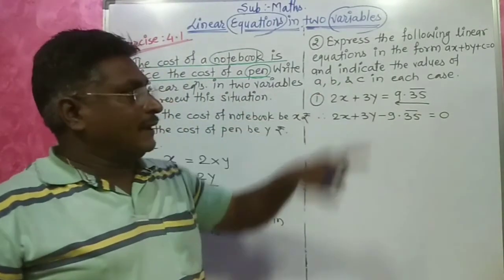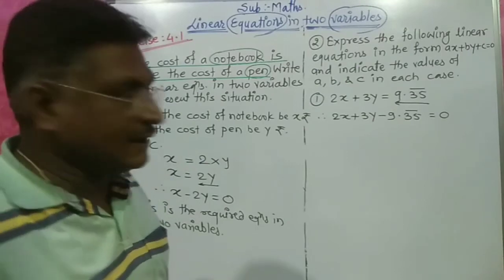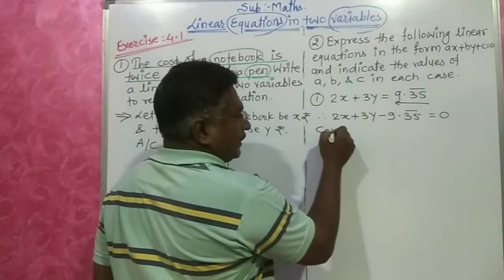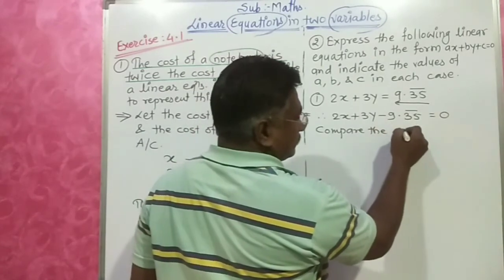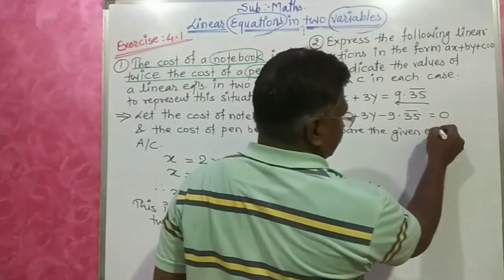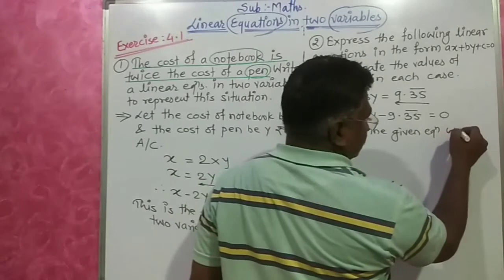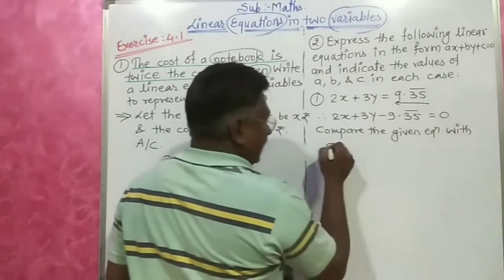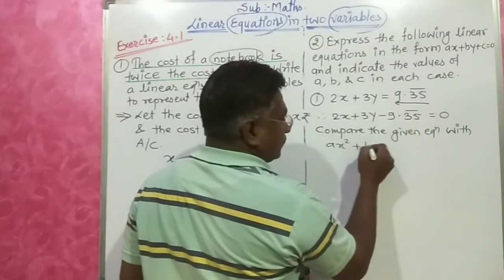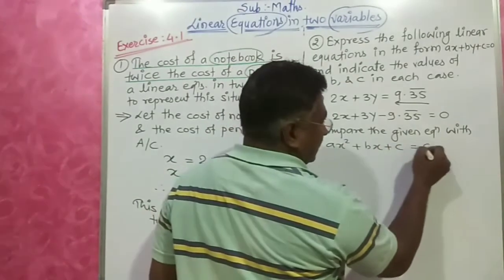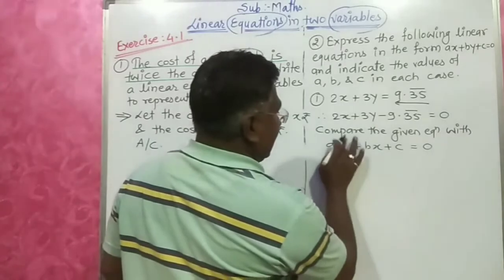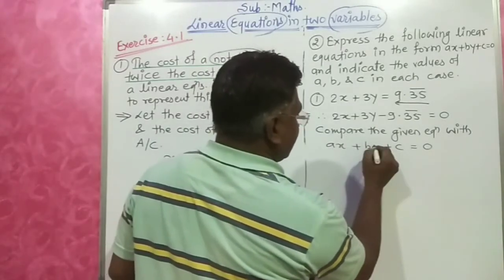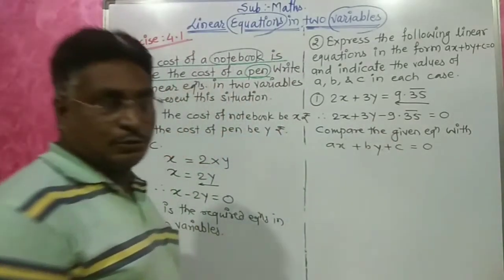Now what did they say? Indicate the values of a, b, c in each of the cases. So compare the given equation with ax plus by plus c equals 0.